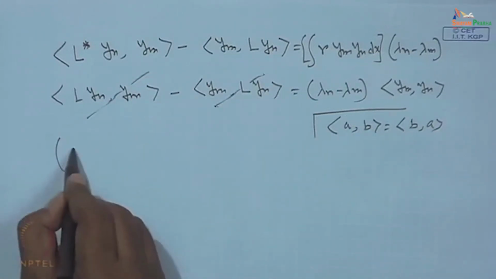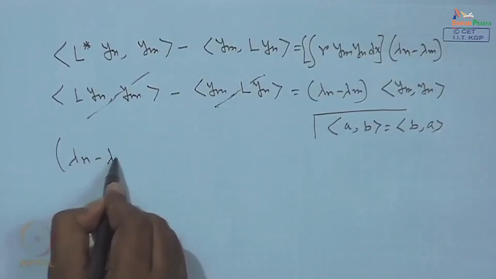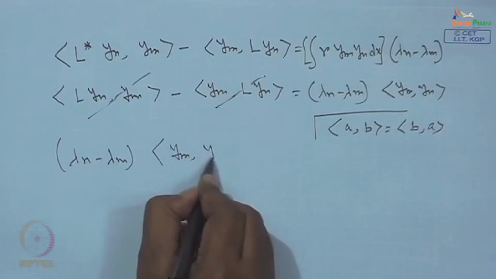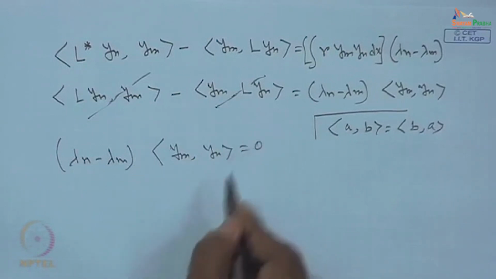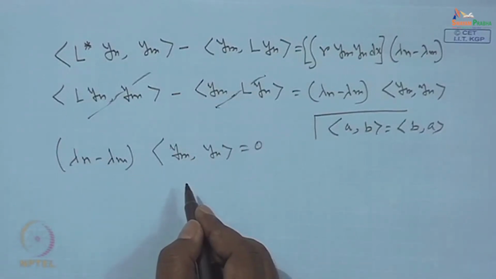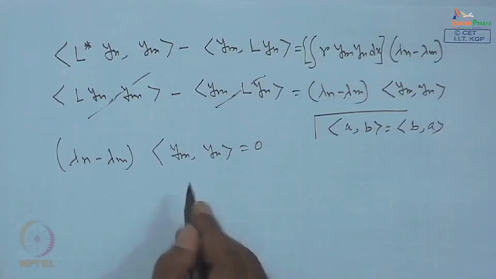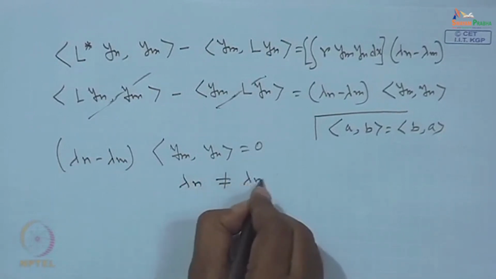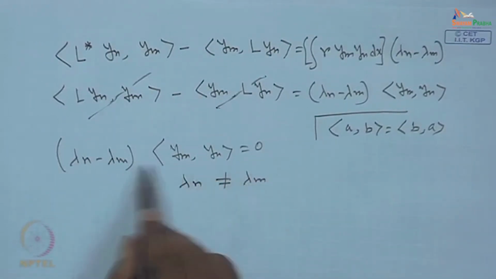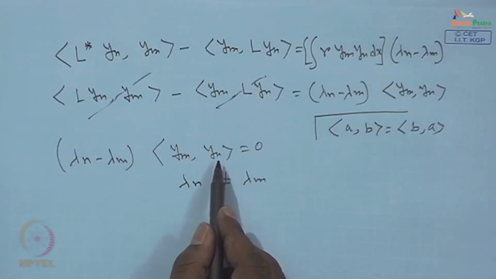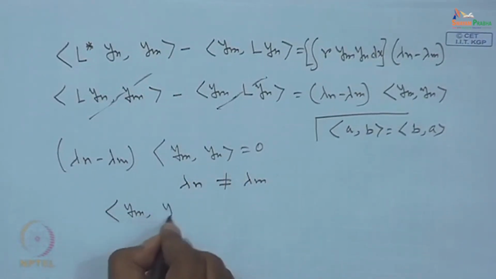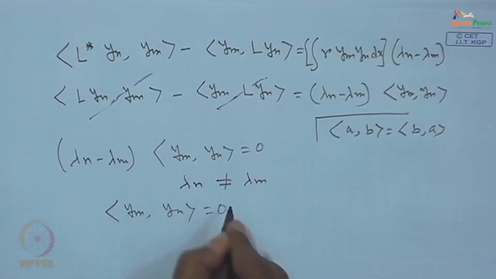So what we get is lambda n minus lambda m times the inner product of ym and yn is equal to 0. Now, lambda n and lambda m are two distinct eigenvalues, so lambda n is not equal to lambda m. Therefore, to satisfy this equation, the only option left is that the inner product of ym and yn is equal to 0.